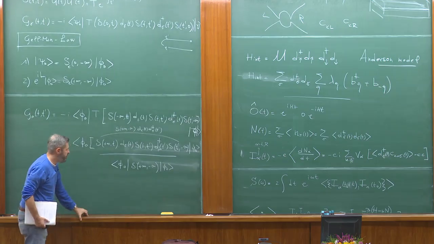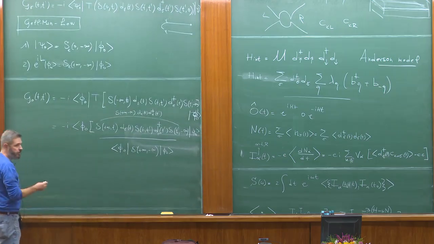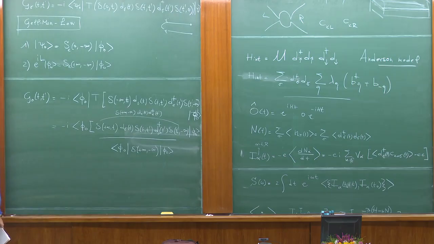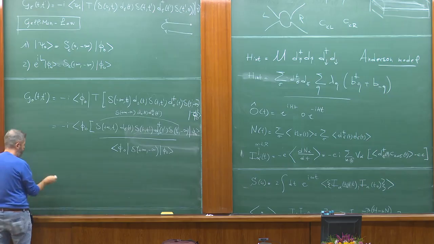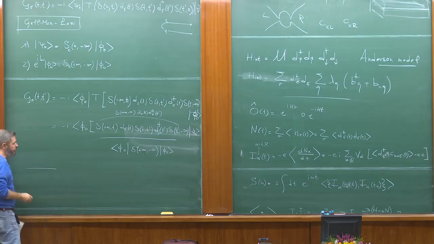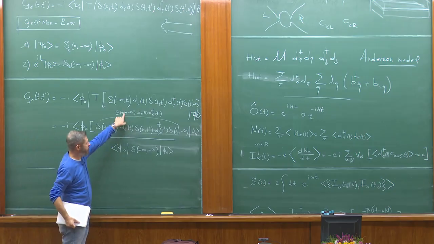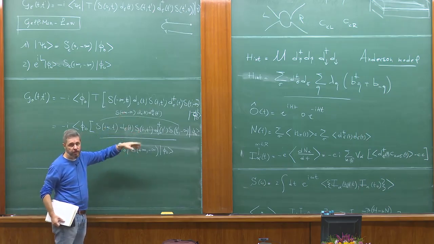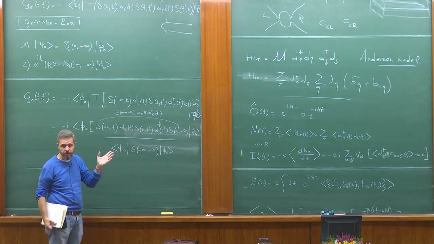Because you see, I'm sure that all of you have seen, how many have seen Feynman diagrams? Almost everybody. So you all know that when I expand the S matrix here and start taking contractions, I would get all sorts of contractions.